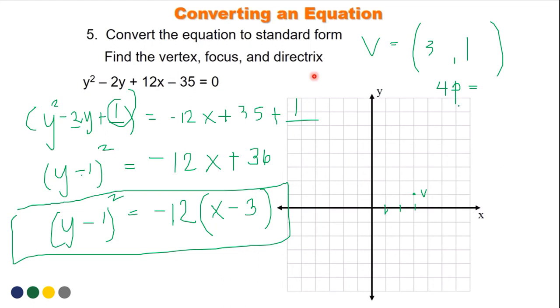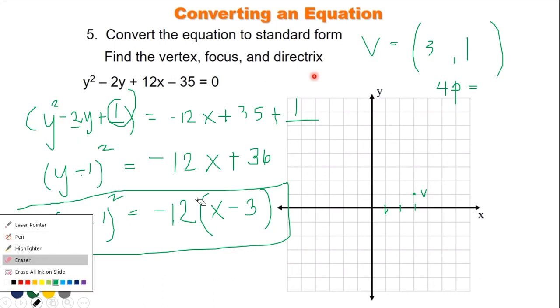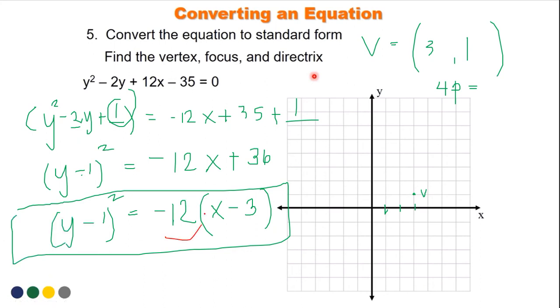What is our 4p here? Negative 3? Wrong. Negative 12!